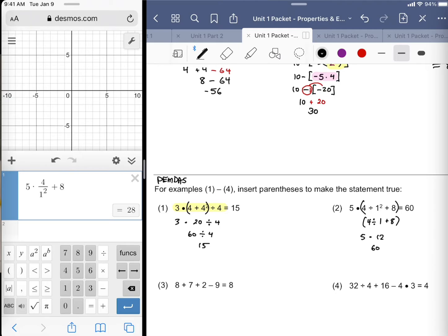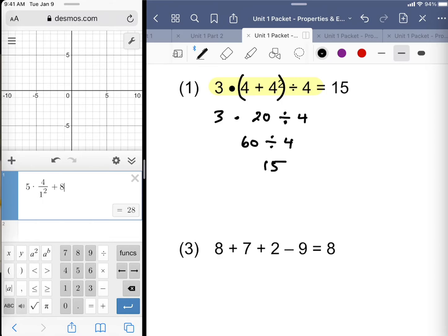Number 3, you think about it again in PEMDAS: addition and subtraction from left to right would be among the last things that happen. I don't have multiplication or division here, so I'm not worried about that. I don't have exponents. So really all I'm trying to do is upset the order of operations here.